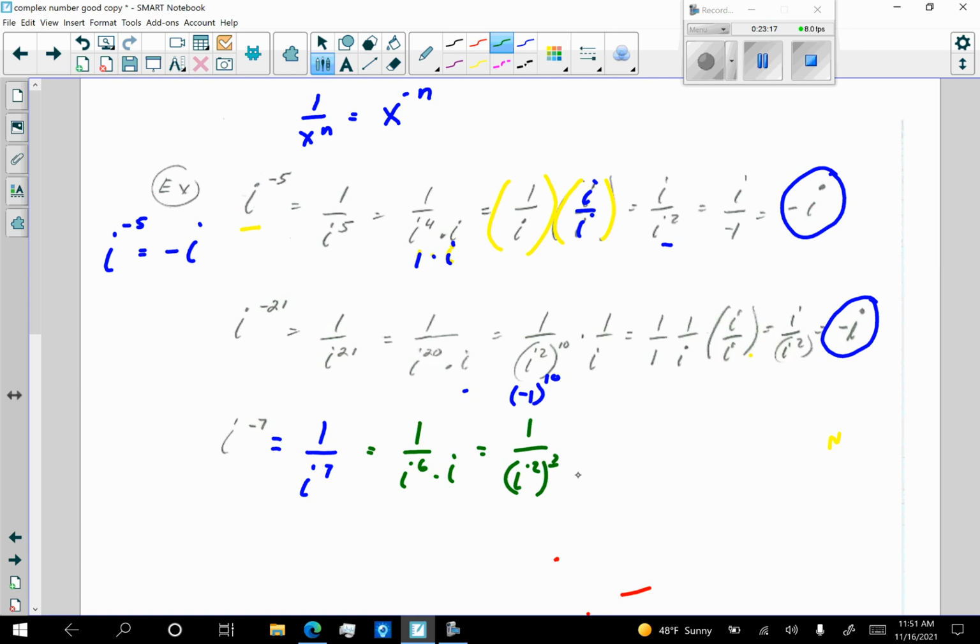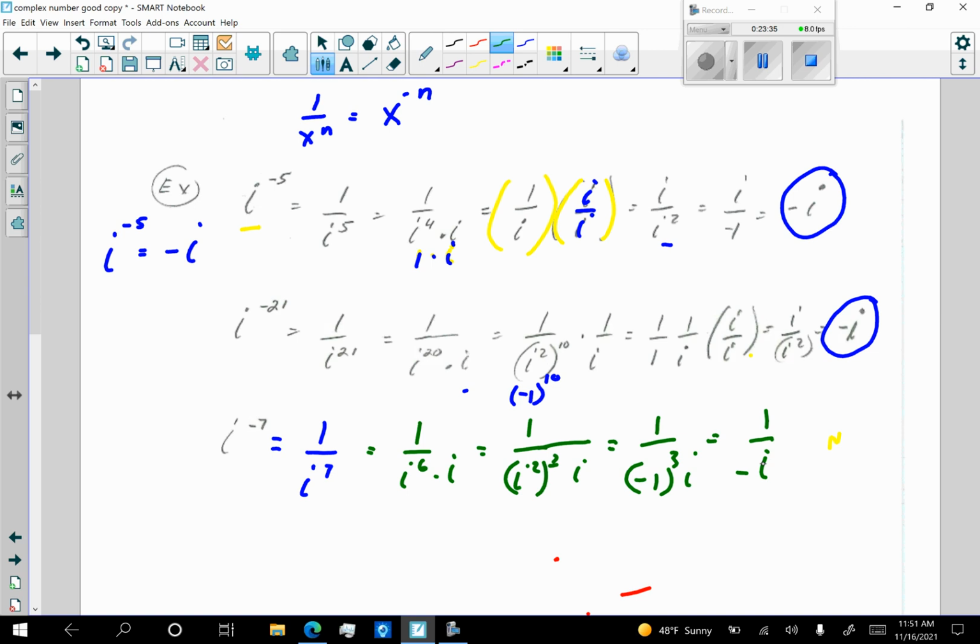I still have this I on the bottom. This is going to be 1 over negative 1 cubed times I. Negative 1 cubed is negative. So this is going to be 1 over negative I.